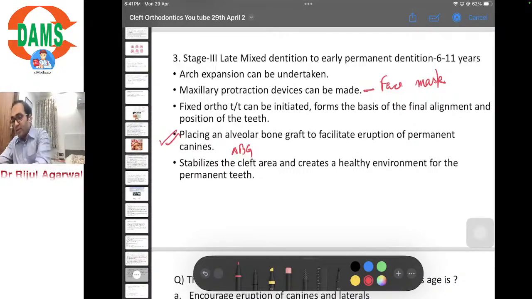And when it's done at this stage, the early permanent or mixed dentition stage, it is known as secondary alveolar bone grafting, that is SABG. Its only aim is to facilitate the eruption of the permanent canine or lateral incisor or any tooth. We take an X-ray and see if the tooth is not able to erupt because of the absence of bone; only then is secondary alveolar bone grafting done.